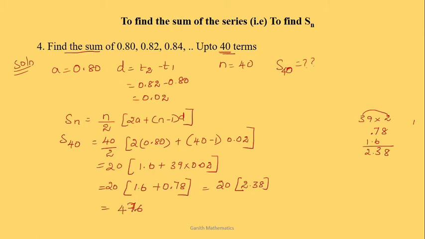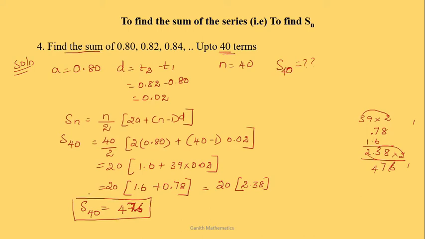You can use a calculator to find correctly. Anyway, it is 47.6 because 238 into 2 will be 8 2s are 16, remaining 1. 3 2s are 6. 6 plus 1 will be 7. 2 2s are 4. So it is 476. So 2 decimal points are there. If I multiply with 10, then 1 decimal will go back. So it is 47.6. That is my S40.